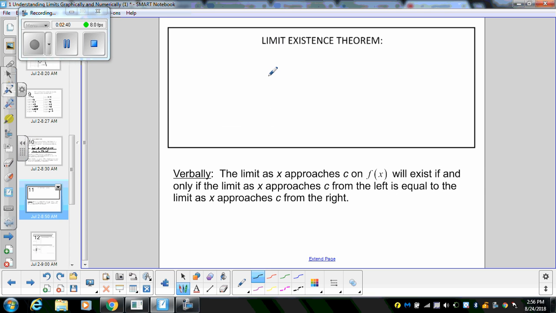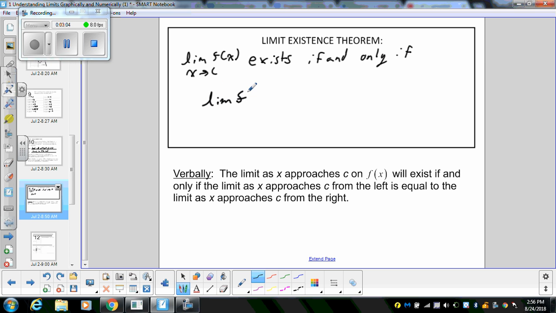So here we go. The limit existence theorem goes as follows. The limit of f of x as x approaches some constant number exists if and only if the limit of f of x as x approaches the constant number from the left equals the limit of f of x as x approaches the constant number from the right.